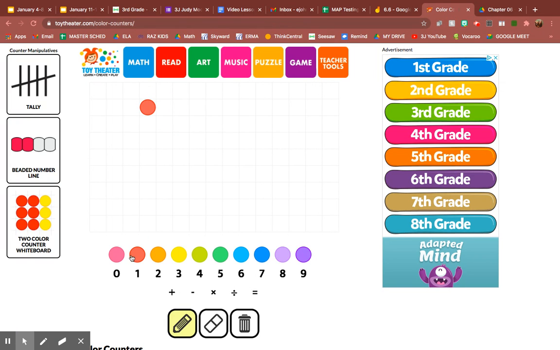Okay, so it's going to look something like this. So 1, 2, 3, 4, 5. Remember, I have 5 rows of 5 that I'm doing. This is just another way of doing the division problem and figuring it out. So there's 3 rows of 5. I need 2 more rows.